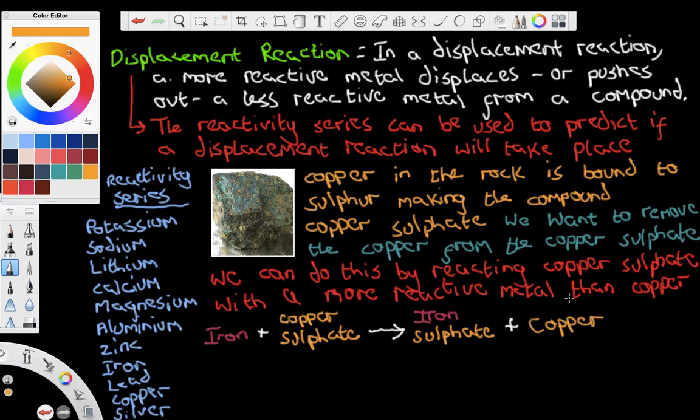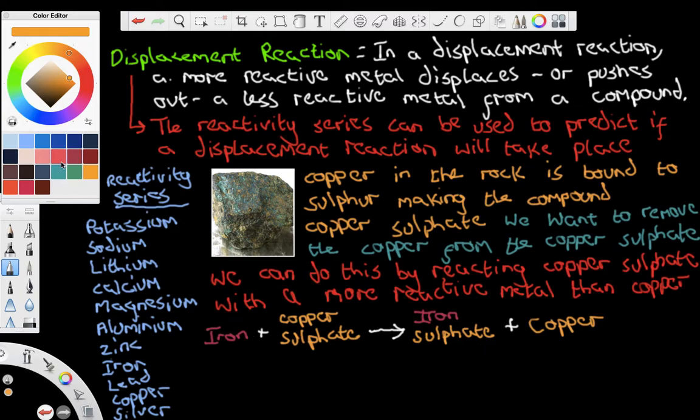So if I wanted to get this copper out of this rock, I could first of all break the rock down, add some iron to it and heat it up. I would then get a displacement reaction where the iron replaces the copper because iron is more reactive. Okay?